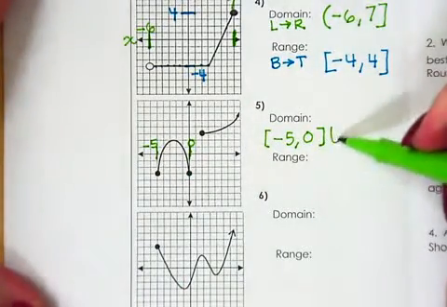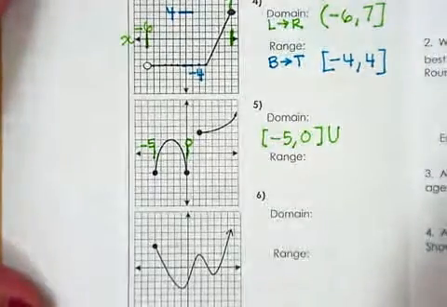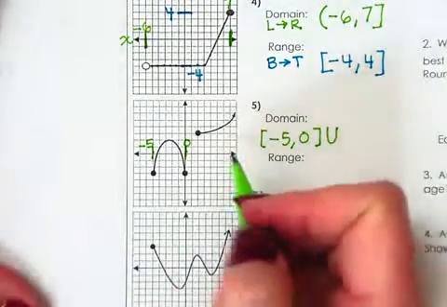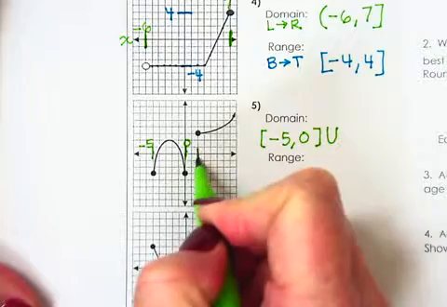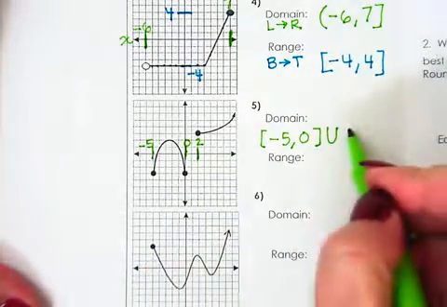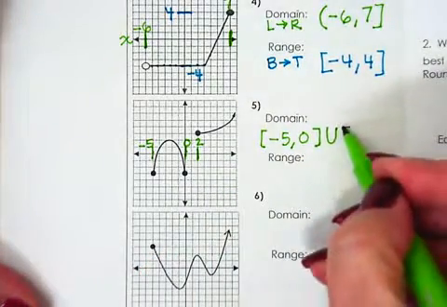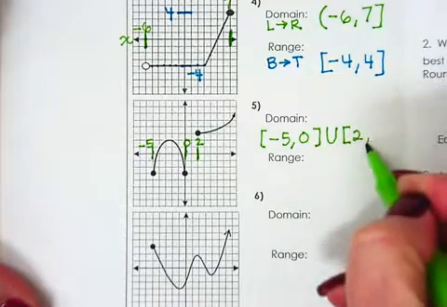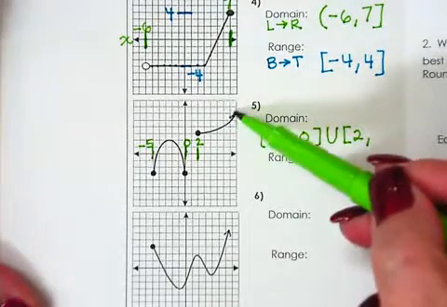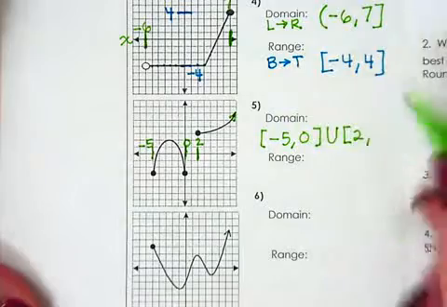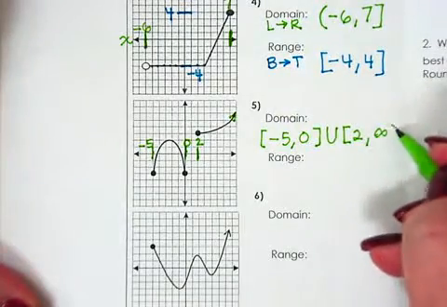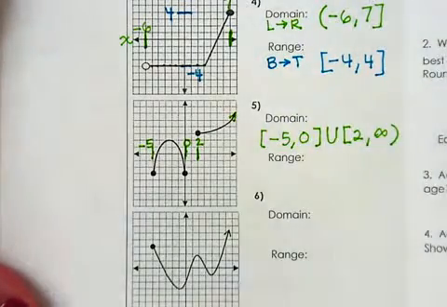But there's a second section, so we put the U in there. The second section starts at +2 with a closed circle, so it's inclusive. And then that's an arrow. It's kind of hard to see, but that is an arrow there, so it is going on to infinity, which is going to be a parenthesis.